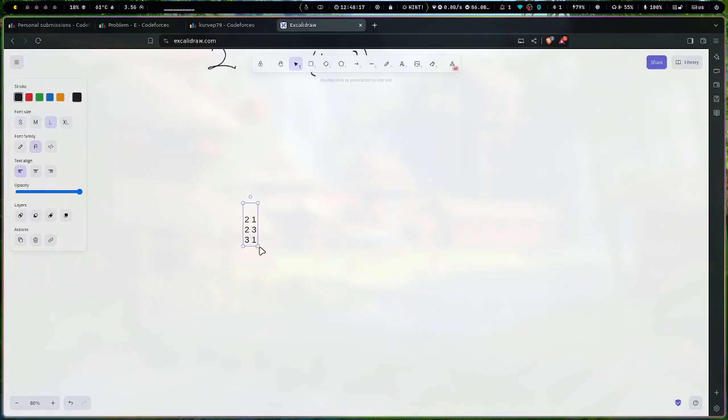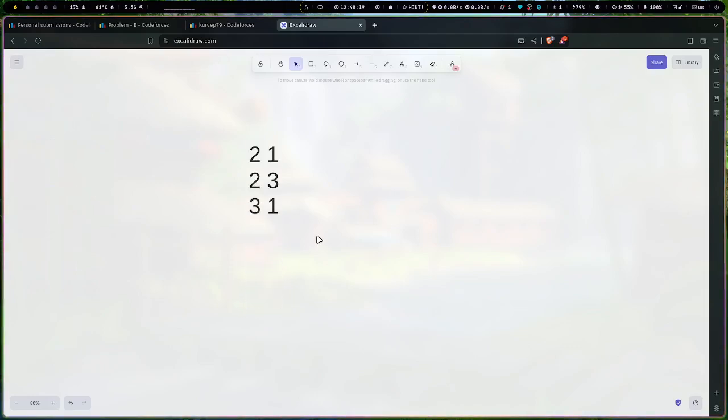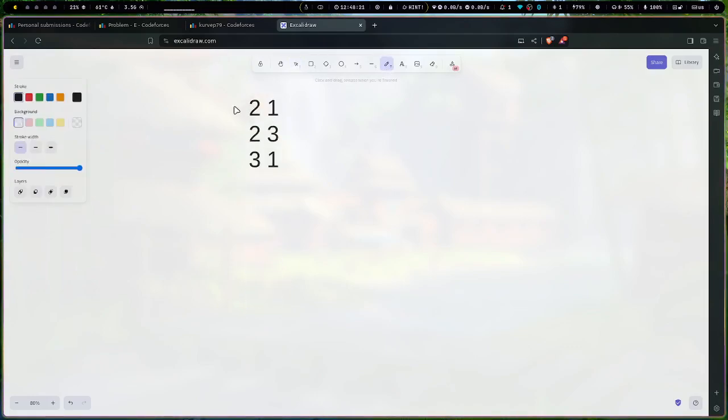See, here it is. The Manhattan distance between these 2 points: 2 minus 2 is 0, 1 minus 3 is 2, so this and this one is 2.